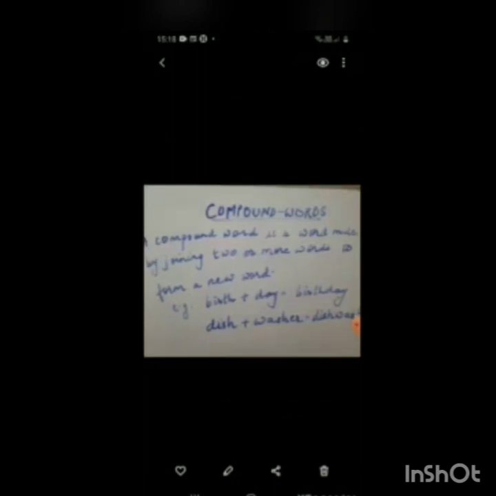Now let us try and understand how many kinds of compound words we can have. There are three forms of compound words. First, closed form, second, hyphenated form, and third, open form. A closed form compound word is made when two words are stuck together to make a new word.